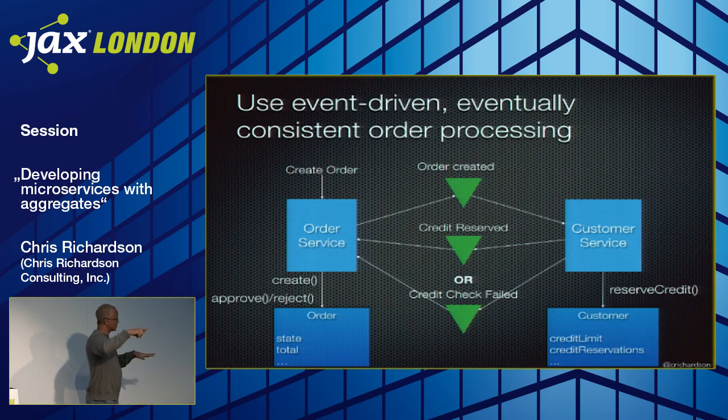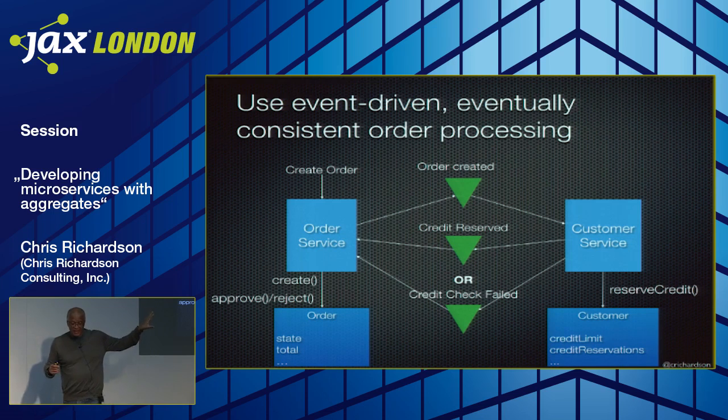So we're achieving the same thing as an ACID transaction that does the credit check and creates the order. But in this case, it's a series of 3 local transactions, one in the order service, one in the customer service, and one back in the order service again.